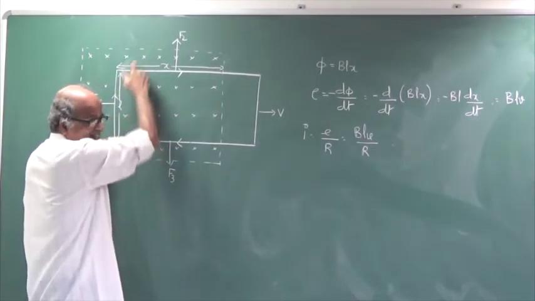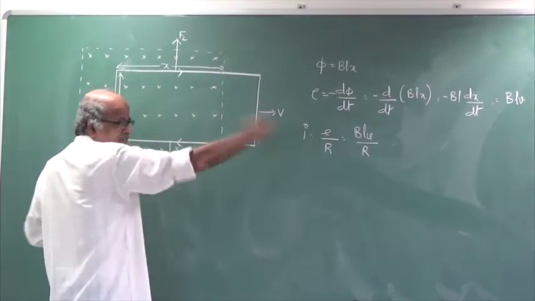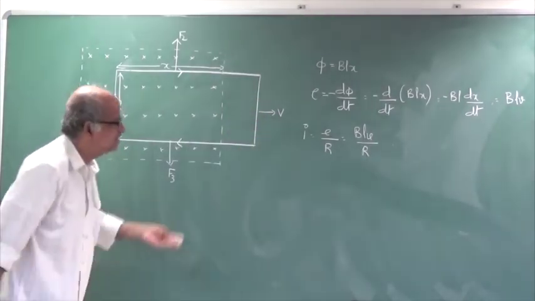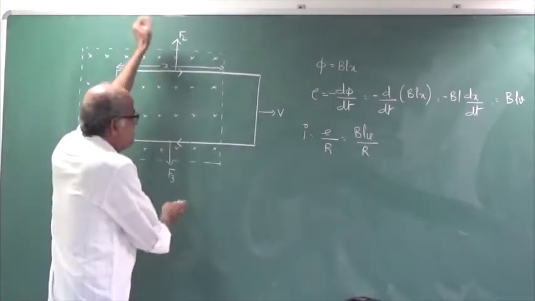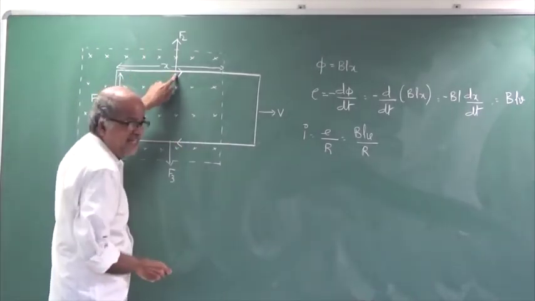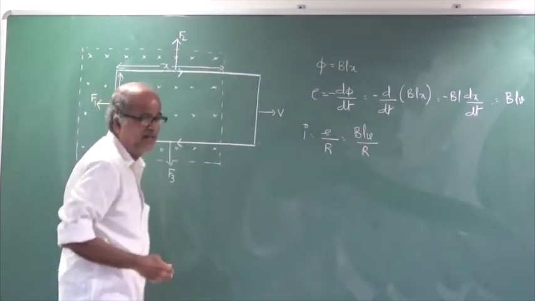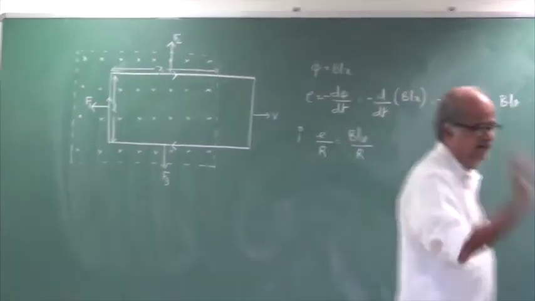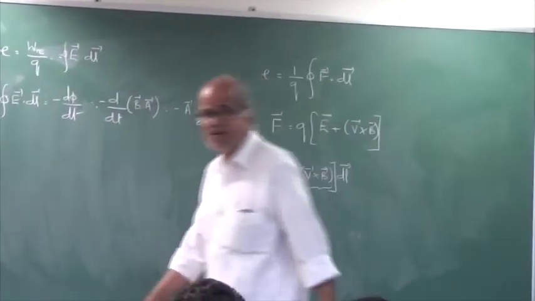This wire is cutting the lines of force as it is pulled out. So this is the current. Now, as a result of this current, there are forces acting. The force on this and the force on this are equal in magnitude and opposite in direction, so you can forget them.